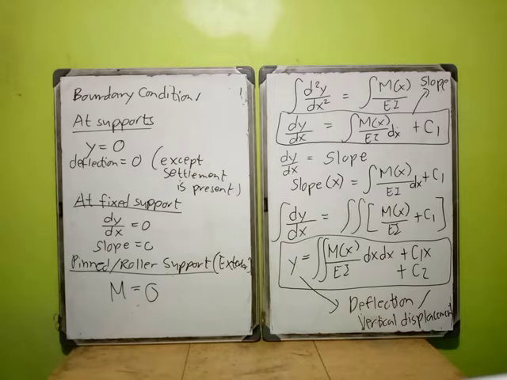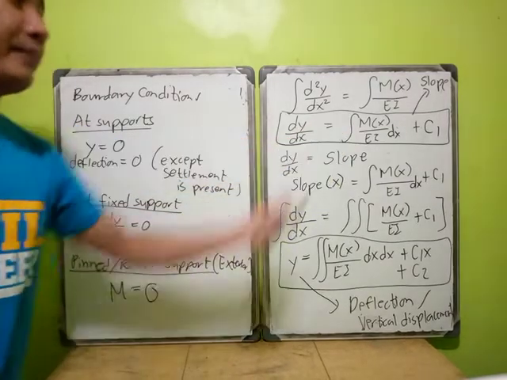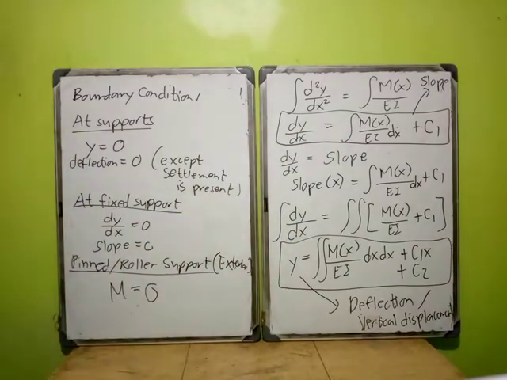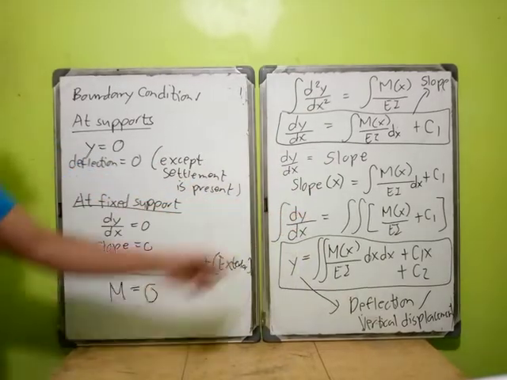Okay, so C1 is the constant you derive after integrating d squared y over dx squared, which is equivalent to M of x over EI. So we know that kapag nag-integrate tayo, merong constant nakakabit.